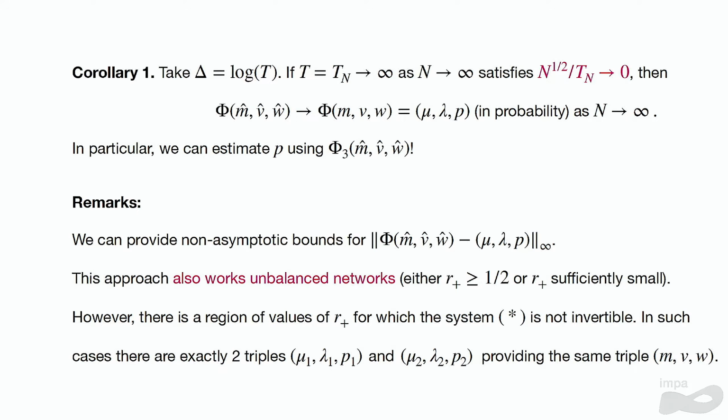But for the case R plus equals 1/2, the corresponding system that I showed you is not invertible, so we don't know how to handle these cases. So if the fraction of excitatory vertices is at least 1/2, we are fine. If it's very small, fine, but there is this region where we don't know how to proceed. At least this method doesn't work, okay?